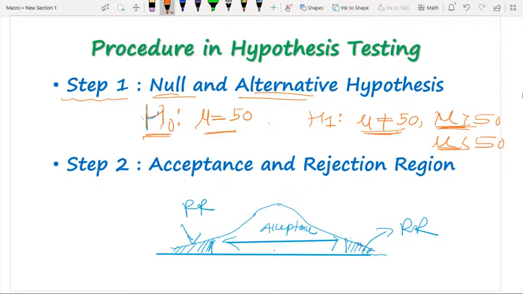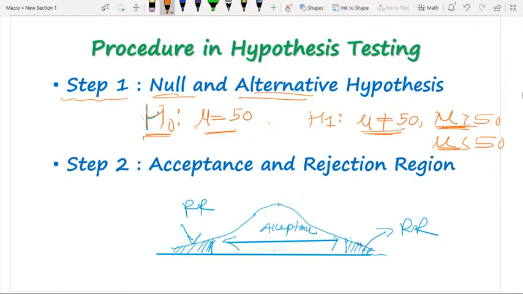Like in this distribution, if the mean value is far below, we reject the hypothesis, or if the mean value is quite above the hypothesized value, we again reject the hypothesis.